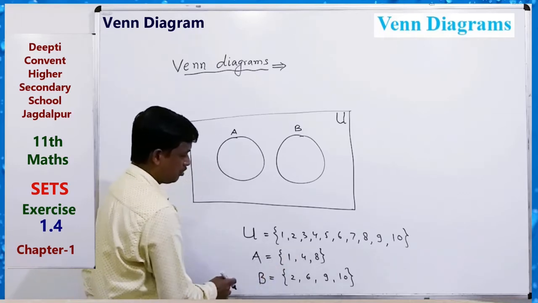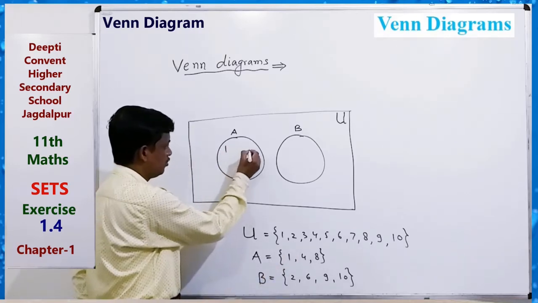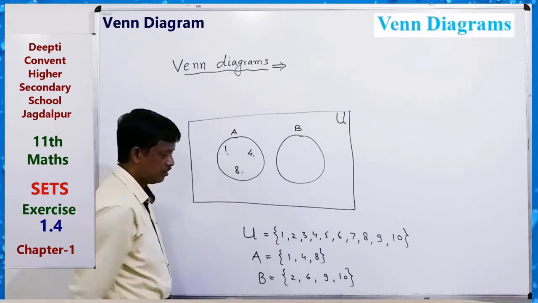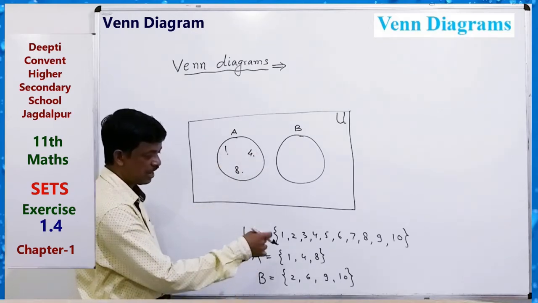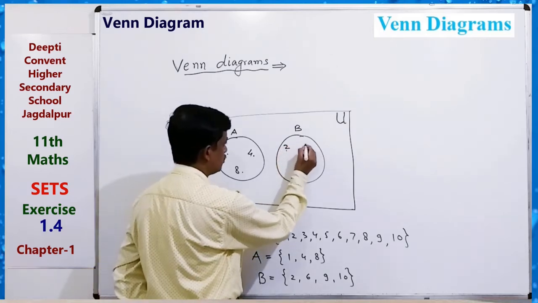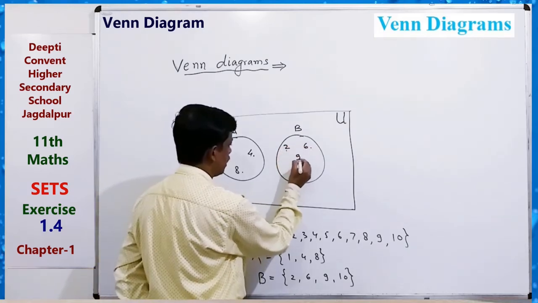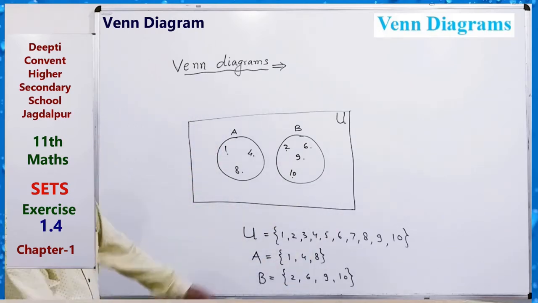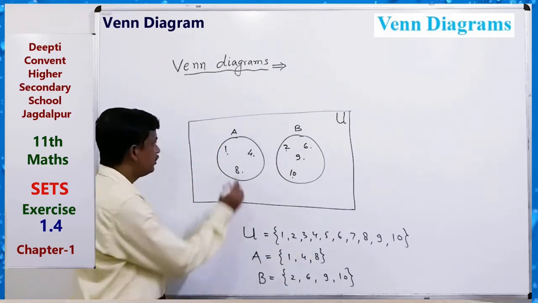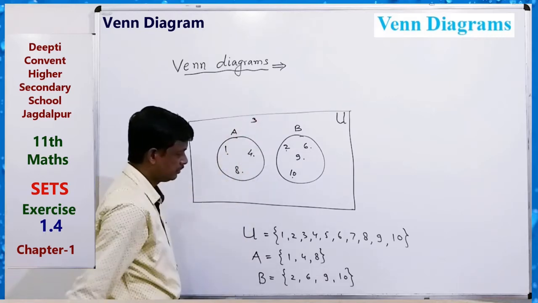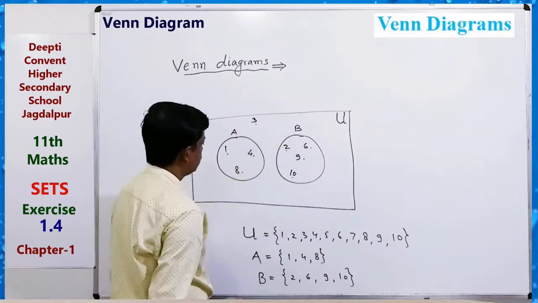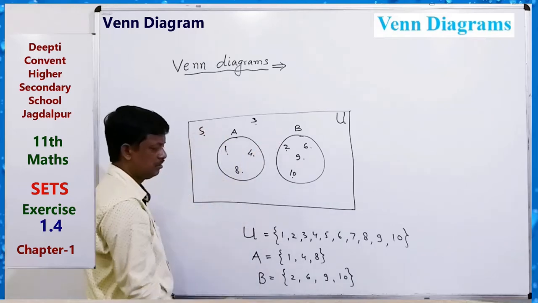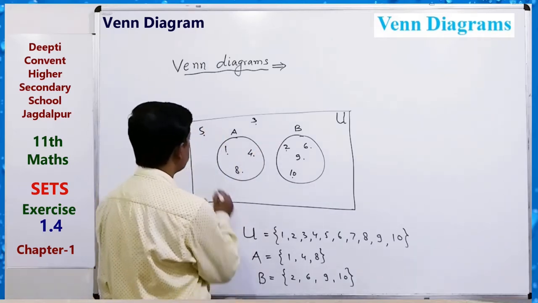A is 1, 4, 8. B is 2, 6, 9, 10. And the remaining elements are what? 3, 5, 7.